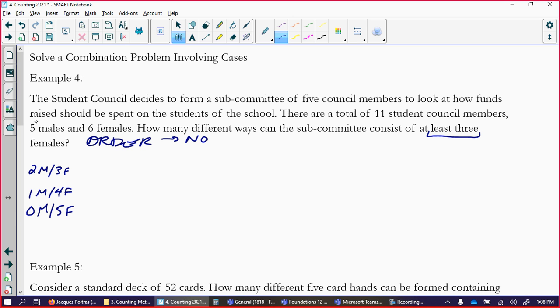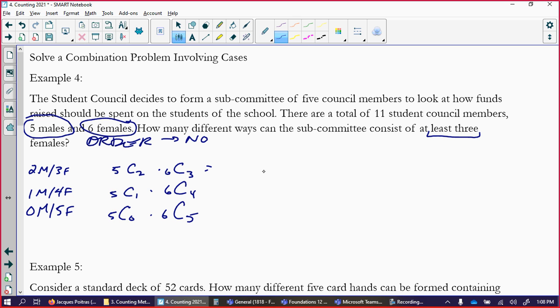So for the males, n equals 5. The females, n equals 6. So we have 5C2 times 6C3, or we have 5C1 times 6C4, or we have 5C0 times 6C5.